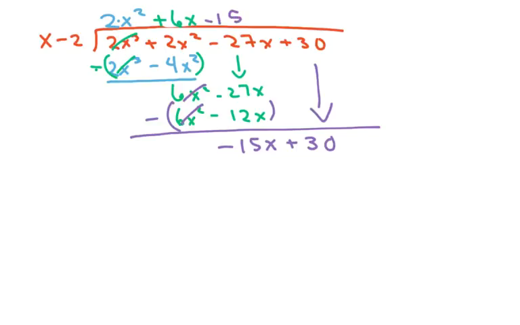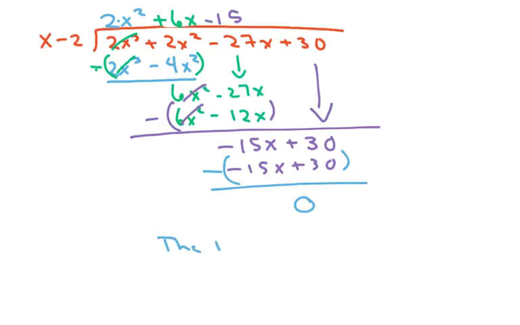And when you bring that down, you multiply and you get negative 15x plus 30. And subtract. When you subtract both of that, you get 0. So the remainder is 0. And this is a griddable, so you have to grid that in.